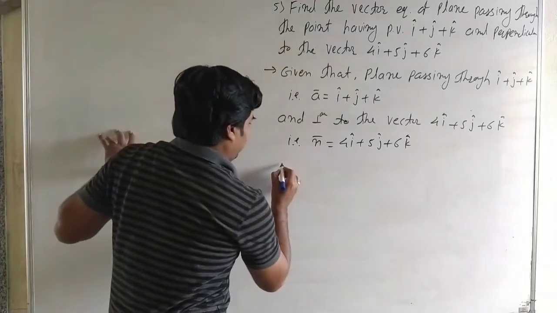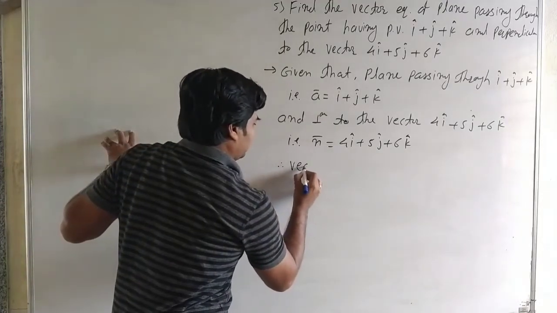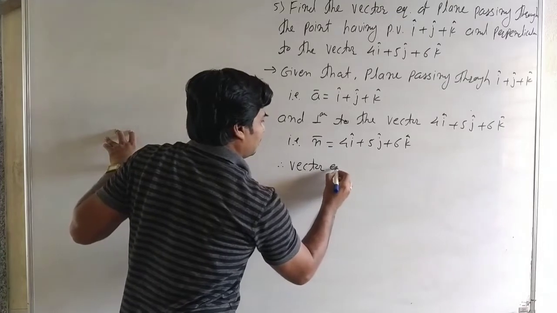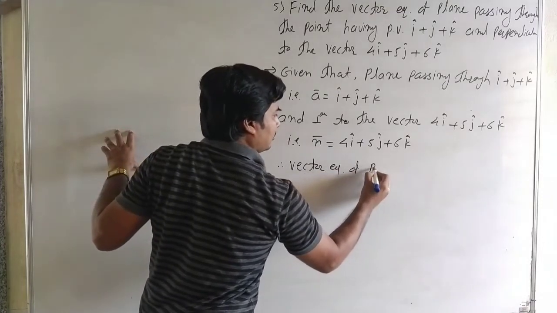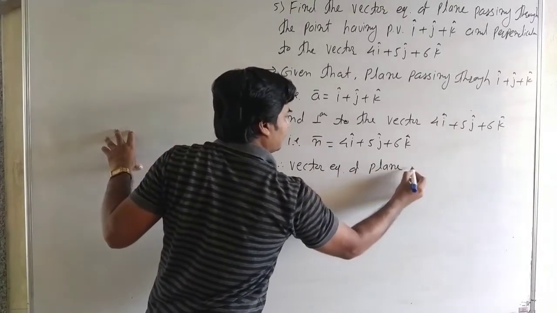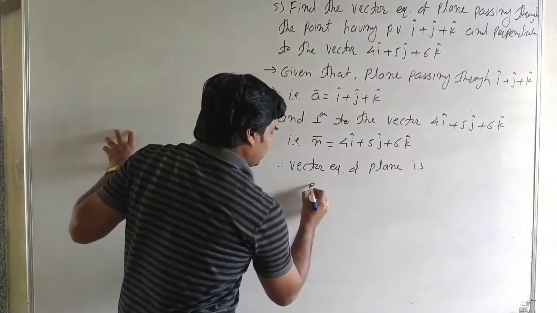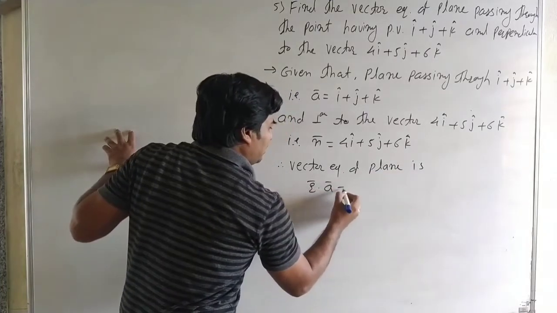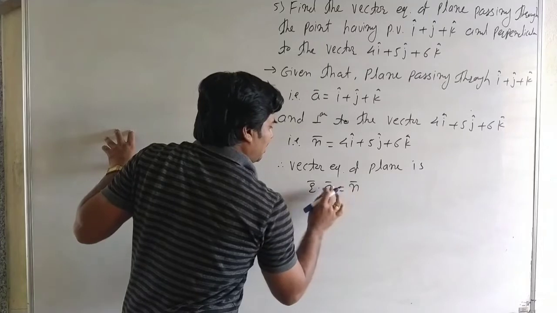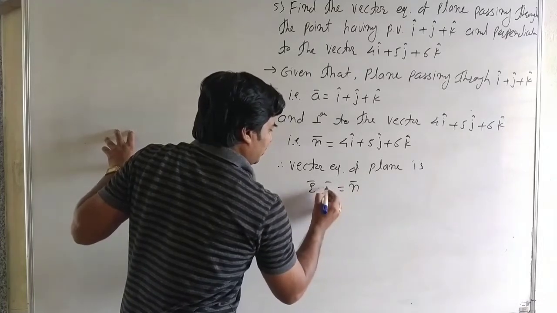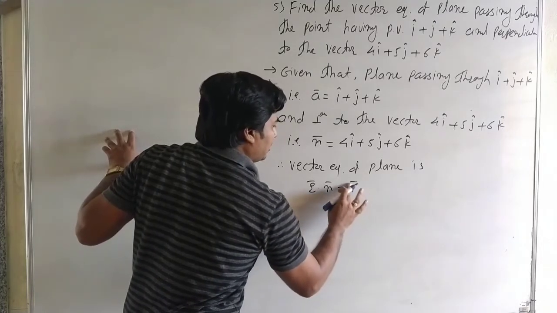Therefore the vector equation of plane is r bar dot n bar is equal to a bar dot n bar.